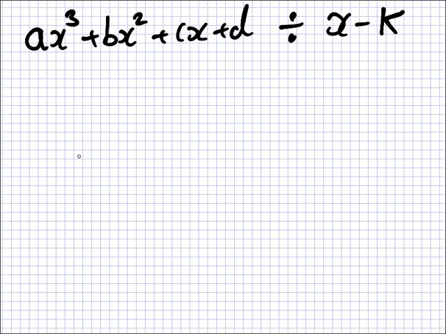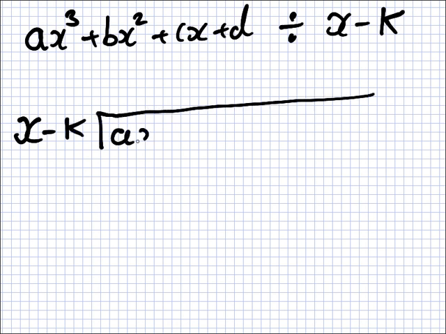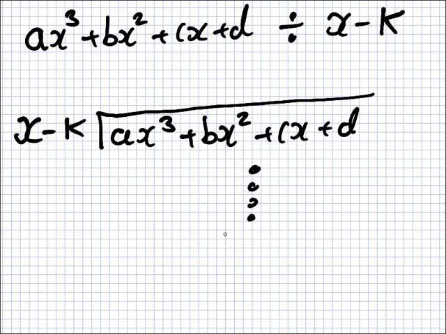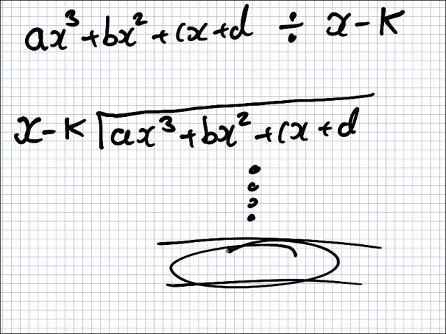Now this proof is a little bit messy, so I'll not go too fast. What we're doing is we're going to divide x minus k into ax cubed plus bx squared plus cx plus d. And then after all the cycles, what we get at the end here will be our formula for the remainder.